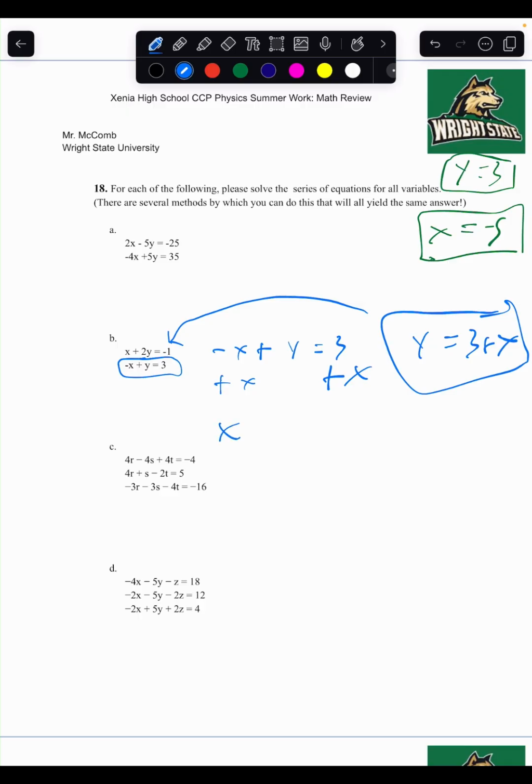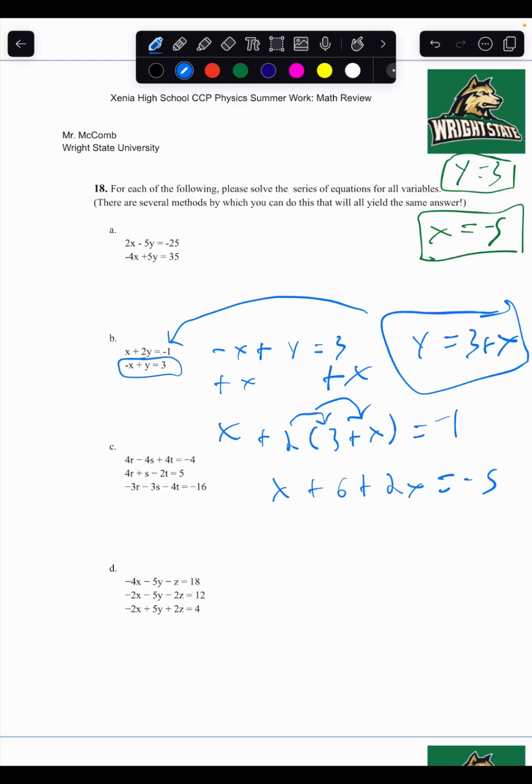So let's do that. I get x plus 2 times y, which we said is 3 plus x, equals negative 1. This 2 gets distributed across both of these terms. So we get x plus 2 times 3 is 6, plus 2 times x is 2x, equals negative 1.